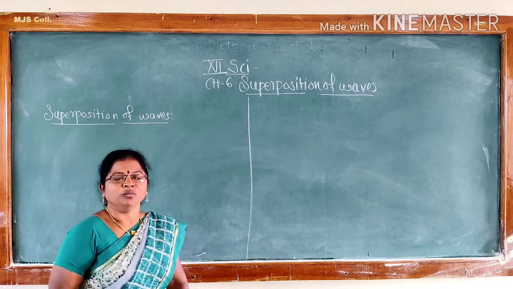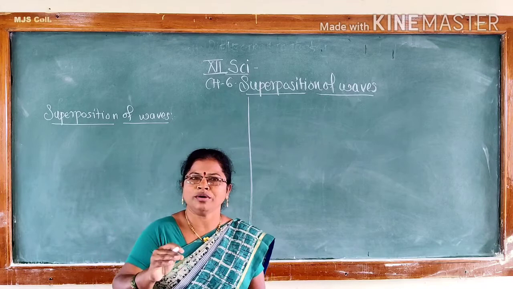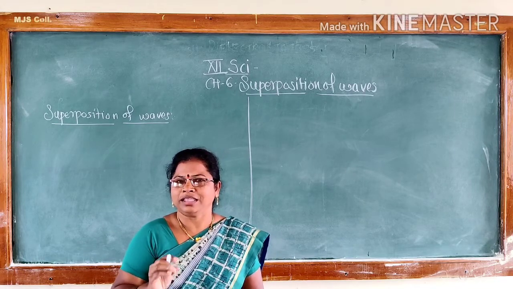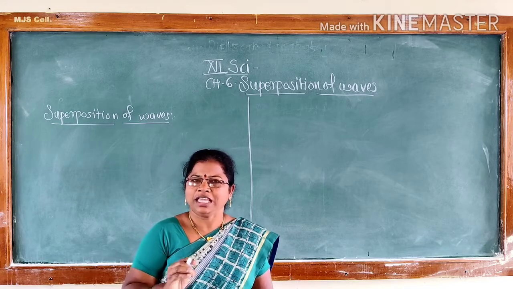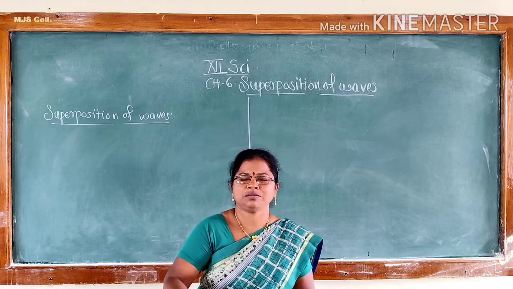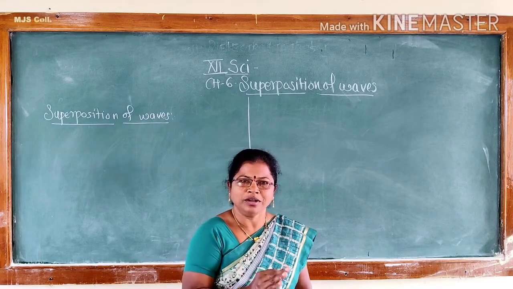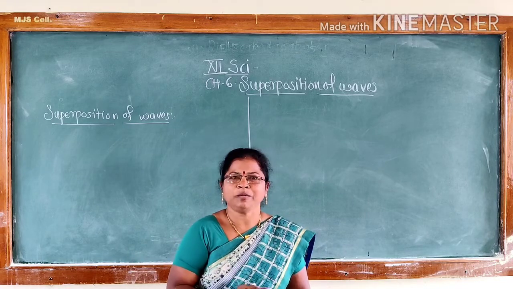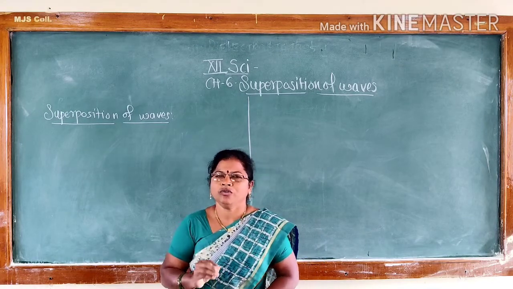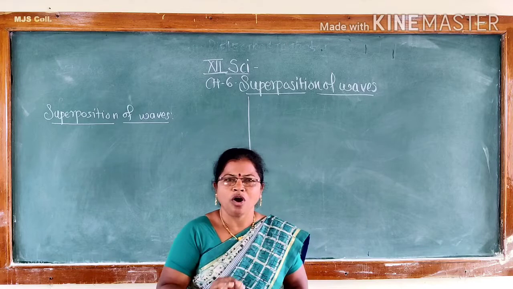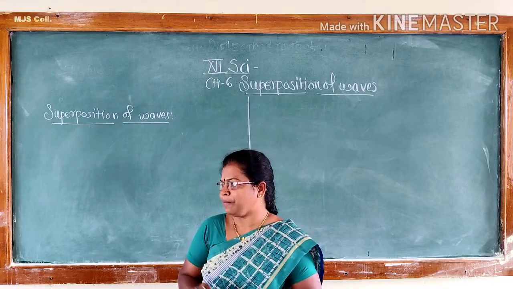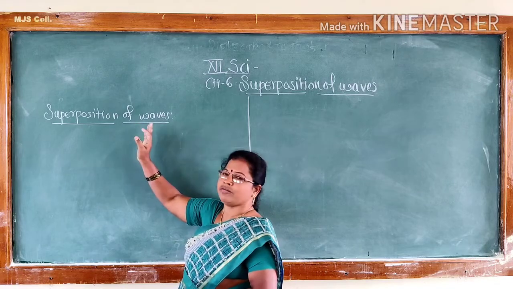When two or more waves traveling through a medium arrive at a point commonly, then at that point each wave produces its own displacement independent of the other. At that point, the resultant displacement is equal to the vector sum of all the displacements due to the waves. Okay, this is called superposition of waves.